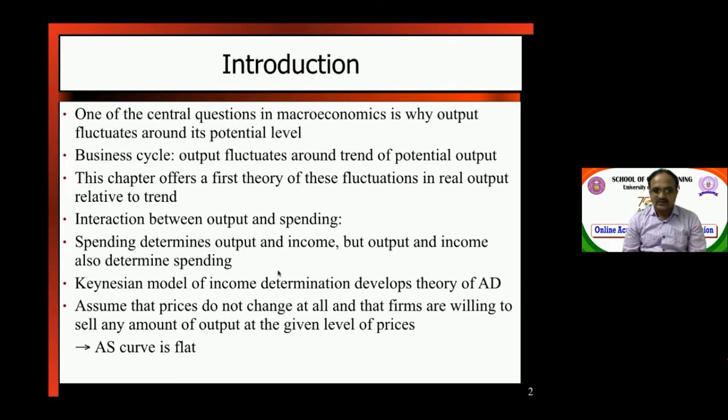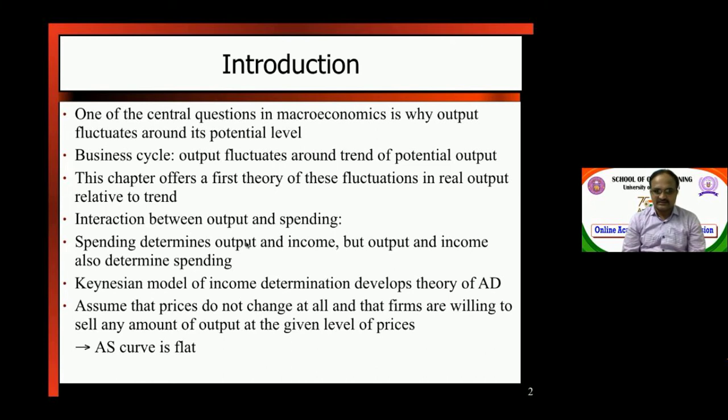For that we need to discuss the relationship between output and spending, that is, spending on purchasing goods and services, the consumption habit, and what happens to the level of output. Spending determines output and income, and output and income determine spending.